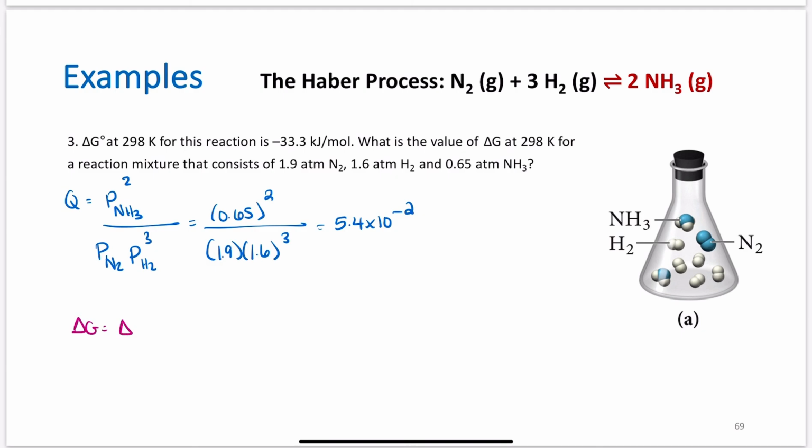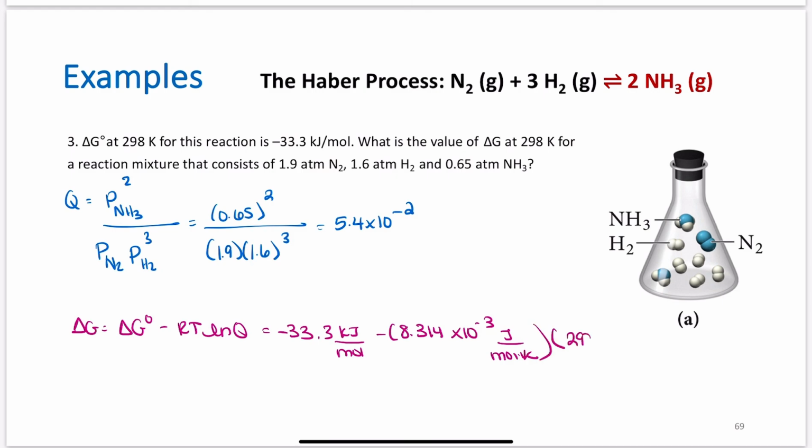Delta G is equal to delta G naught minus RT ln of Q equals negative 33.3 kilojoules per mole minus 8.314 times 10 to the minus third kilojoules per mole K. Your temperature is 298 K. And natural log 5.4 times 10 to the minus 2.